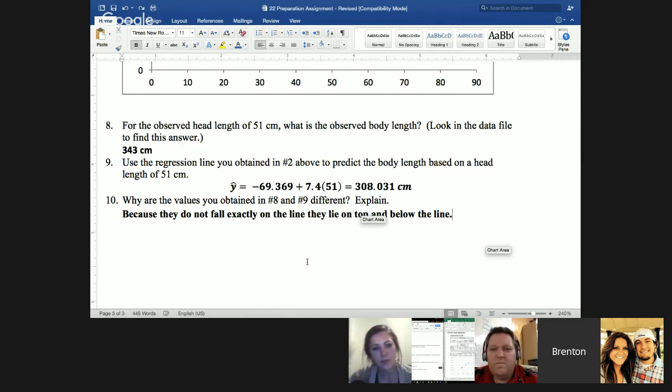So that's the one you got a couple questions back, where it was y equals the... You're just plugging the length of the head observed in question 8, 51 centimeters, in the place of x. Basically on the spreadsheet. Yeah. So predicted 308.033.